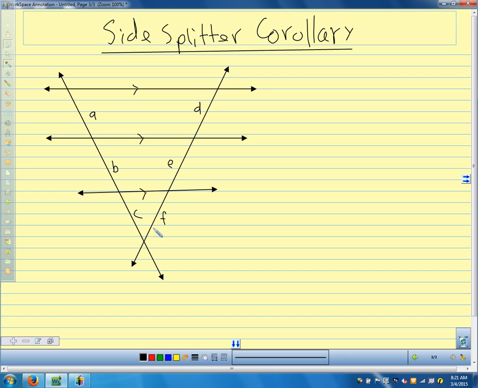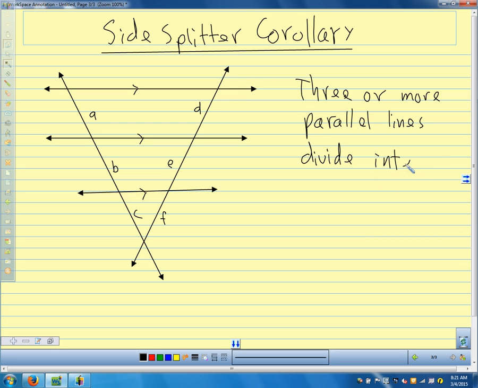What the corollary tells us is 3 or more parallel lines divide intersecting transversals, that's these two, and how are we going to guess these intersecting transversals are divided?